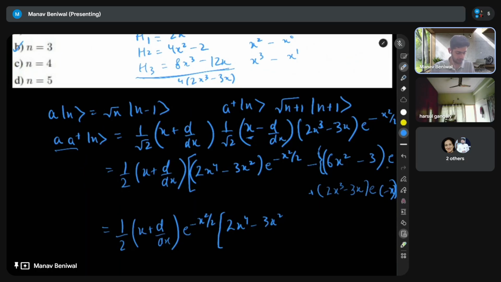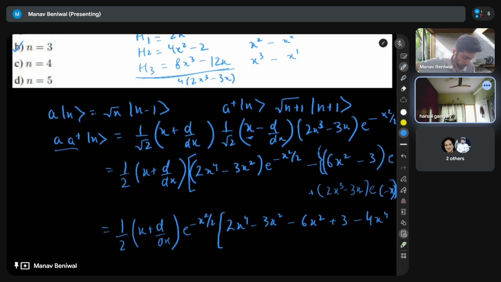Okay, and this will give us 6x squared, minus 6x squared and plus 3, and we have one minus sign here, so this will give us minus 4x to the power 4 plus 3x squared.